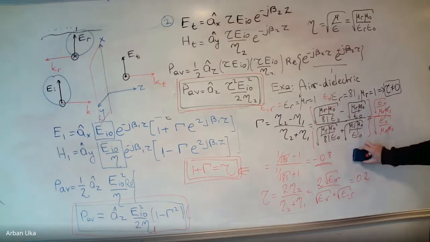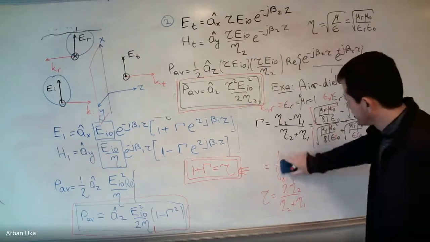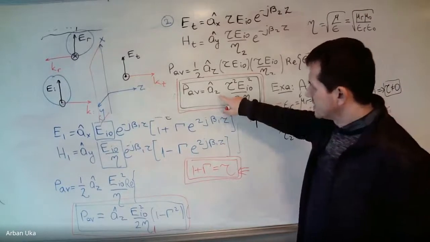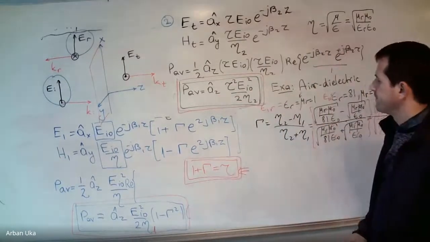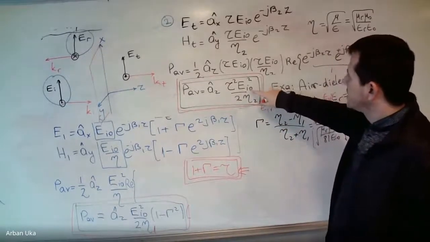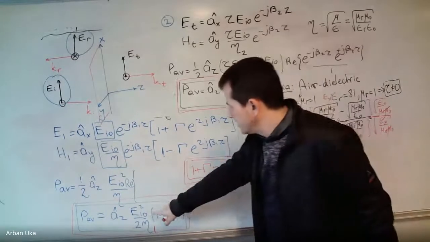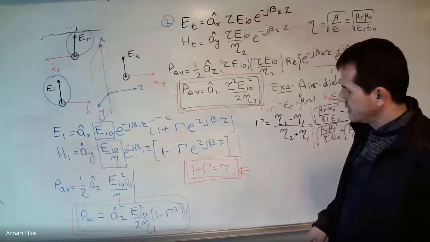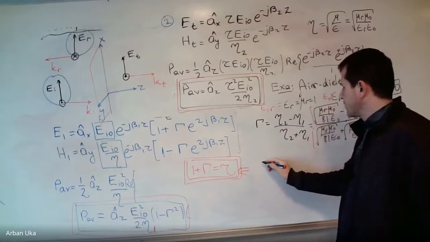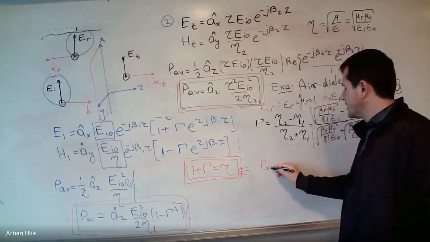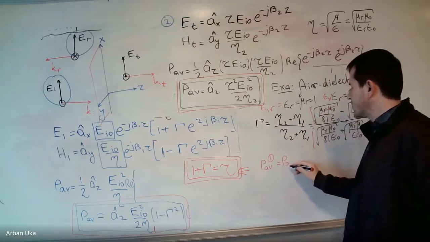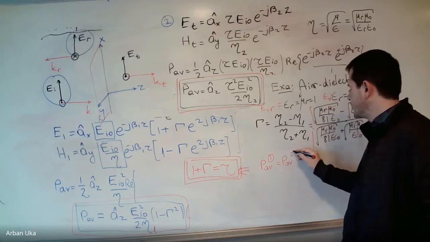So we have the numbers minus 0.8 and 0.2. And for a moment, what happens if you equate this expression with this expression? We see that EI0 squared, we observe it here and here, so we can cancel them away. We can also cancel the factor 2. So we can say the time average power density in medium 1 should be equal to the time average power density in medium 2.